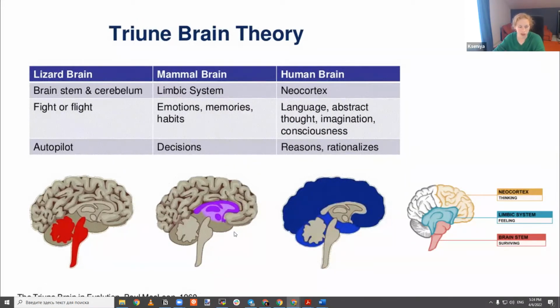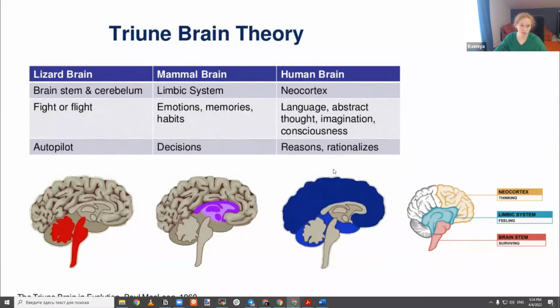The second part is referred to as the mammalian brain or limbic system, because when animals live in a group, they need to feel something for each other, so they need emotion to live in a group. This is the aim of the limbic system according to MacLean.